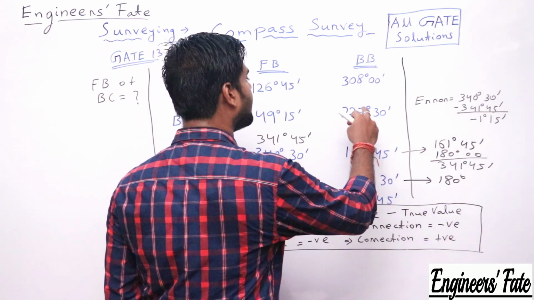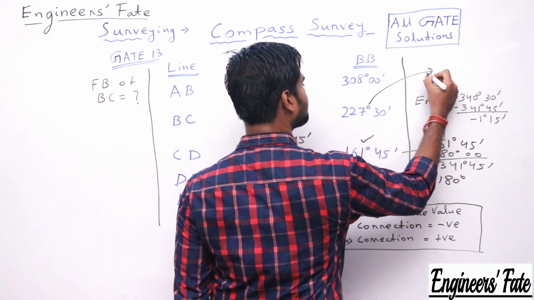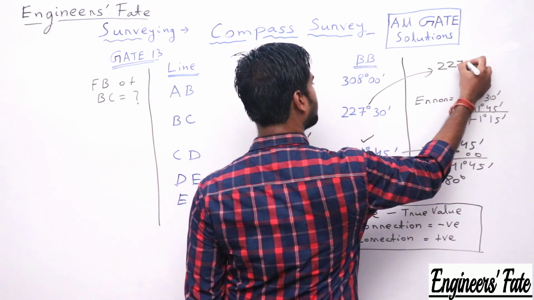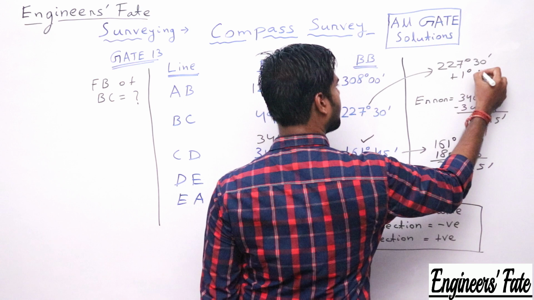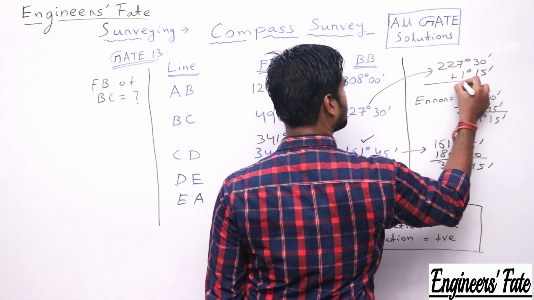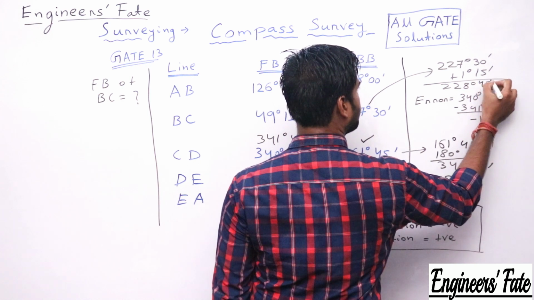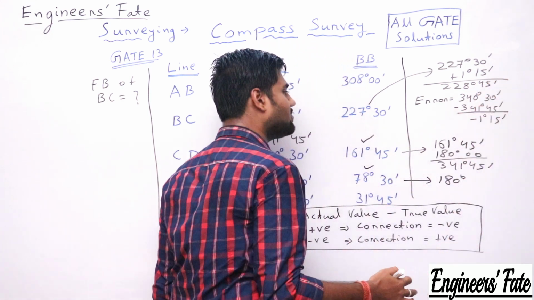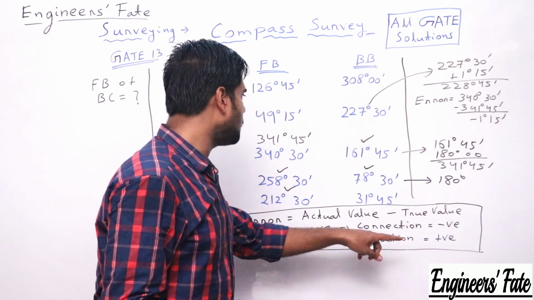So to the given back bearing of BC, I have to add: 227 degree 30 minute plus 1 degree 15 minute. This will be 228 degree 45 minute. Just check that error is negative means correction is positive.